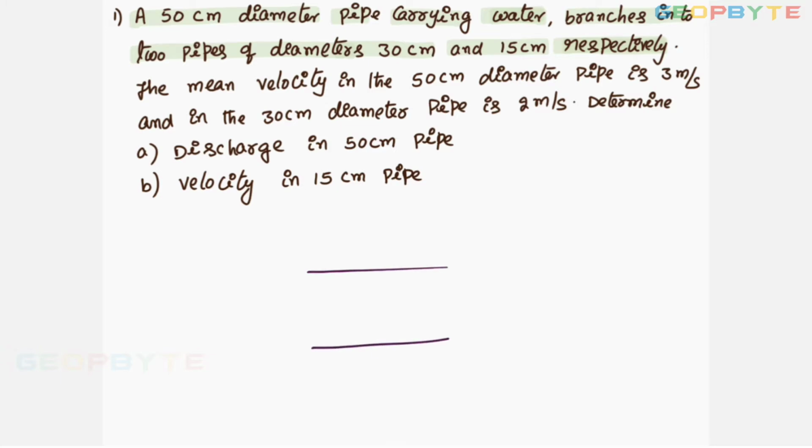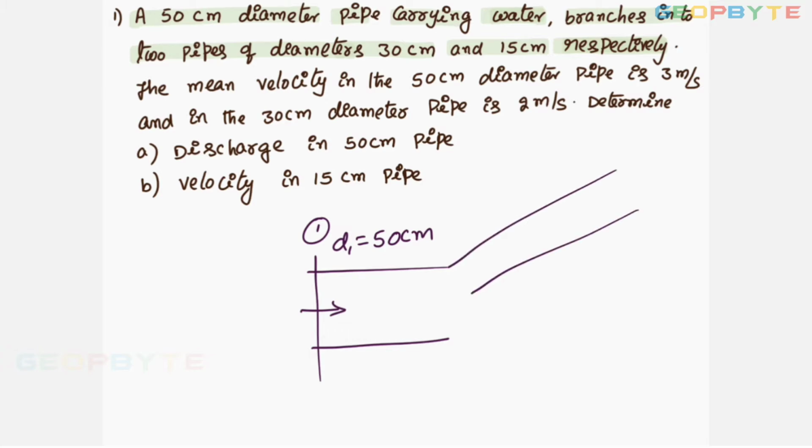A pipe is there. At this section, the diameter of the pipe is d1 equal to 50 centimeters. It branches into two pipes like this.